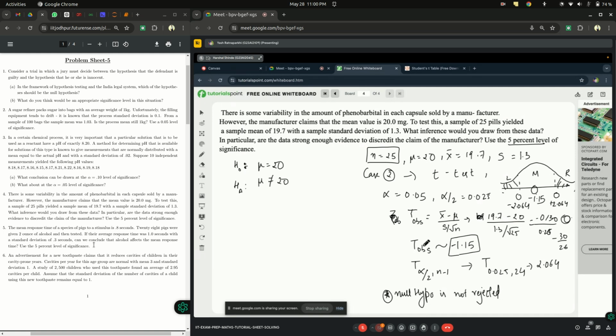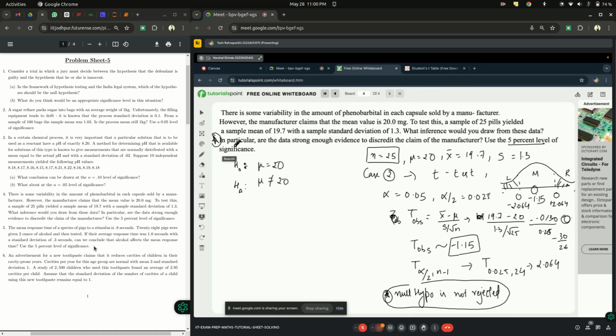Got it? What is the question? It asks, in particular, are the data strong enough evidence to discredit the claim of the manufacturer? See, guys, this is not your answer. This is a layman question, and this is a mathematical calculation.